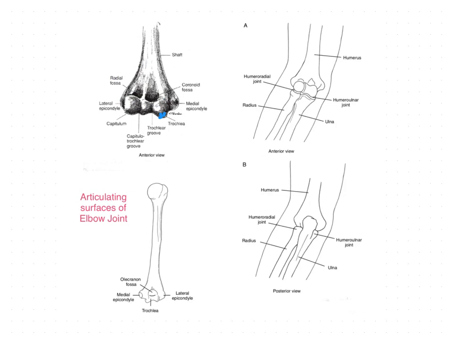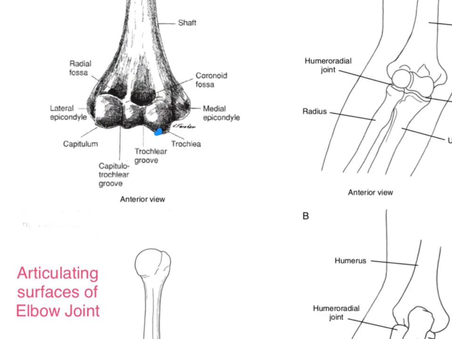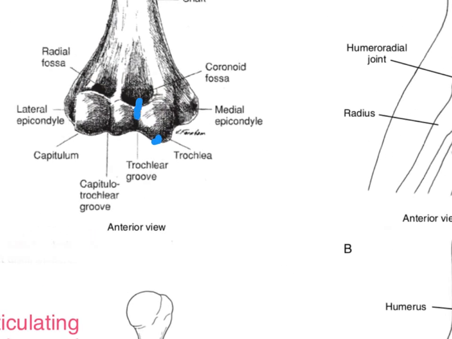So this trochlea forms an angle on the medial aspect, and it is also present slightly anterior to the humeral shaft. Okay, and a groove is present. Here you can see this is the groove, present in between the trochlea.